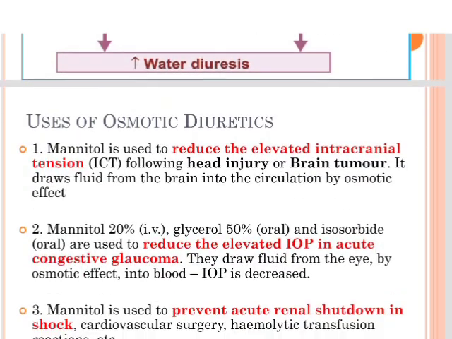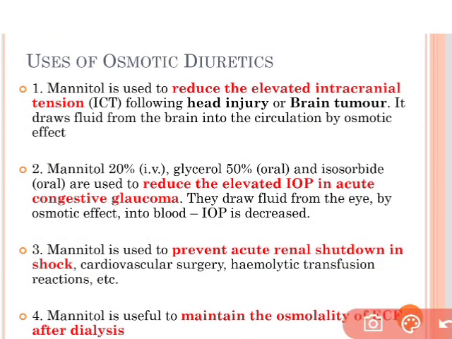What are the uses of these osmotic diuretics? First of all, mannitol is used to reduce elevated intracranial pressure following head injury or brain tumor. Whenever there is a brain tumor or head injury, there is an increase in intracranial pressure.